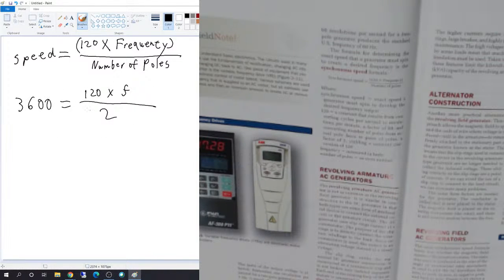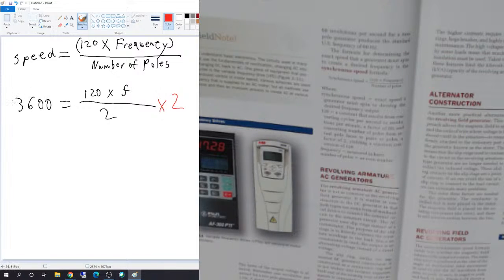All right, so with this, we're going to multiply both sides by 2.